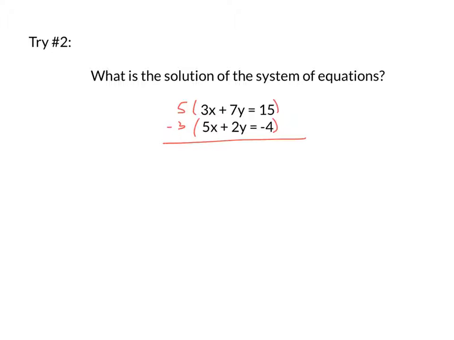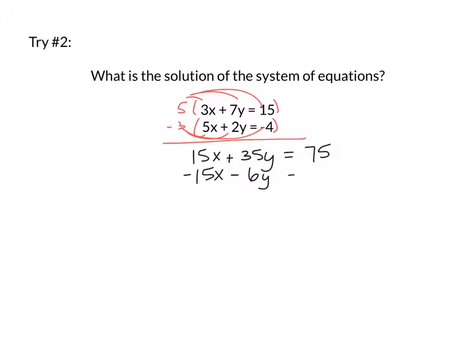So here we go. If I distribute the 5 to everything, I'm going to get 15x plus 35y equal to 75. On the bottom one, if I distribute the negative 3 to everything, that will give me negative 15x minus 6y equals 12.